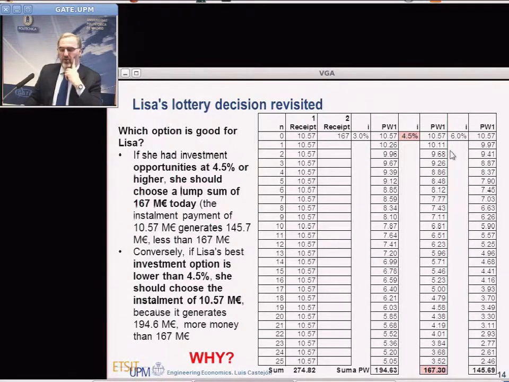167 million euros to work today at 6%, you will get, if you multiply, this is an easy amount I'm going to do with my calculator, for the next year, 167 million euros with a compounded interest of 6%, I multiply that amount, 167 times 6%.